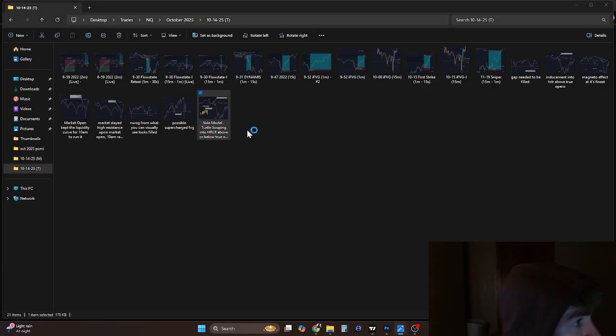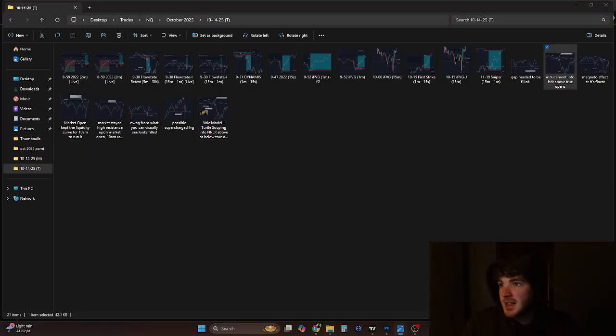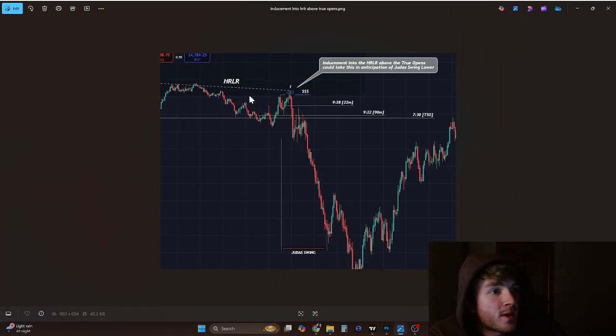You can actually see right here that this final purge up right before market open, we induced this high perfectly in line with that liquidity curve.